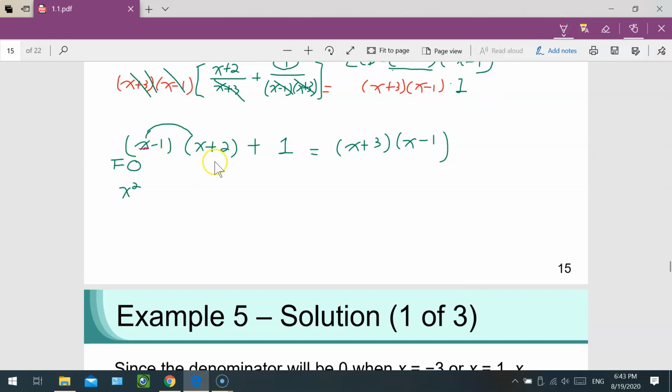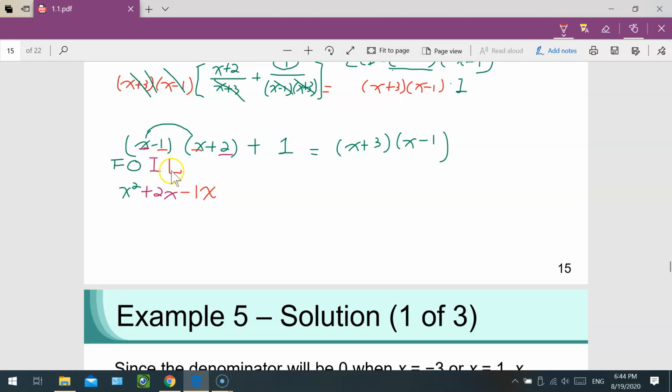That means this x multiplied with this positive 2, so we get a positive 2x. The next one would be the inside 2. With the inside 2, we use the -1 to multiply with x, so it will turn to minus 1x.